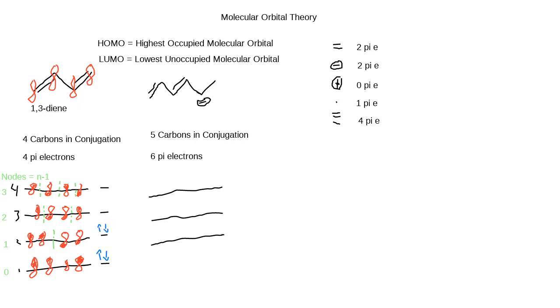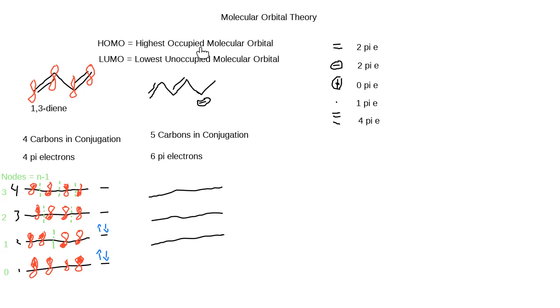Okay, and we are done for this problem, except one last thing is the HOMO and LUMO part. We have to assign one of these orbitals HOMO and one of these orbitals LUMO. Okay, and let's review what HOMO and LUMO means.